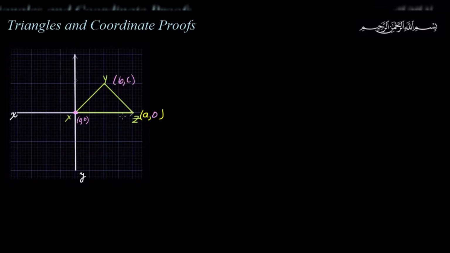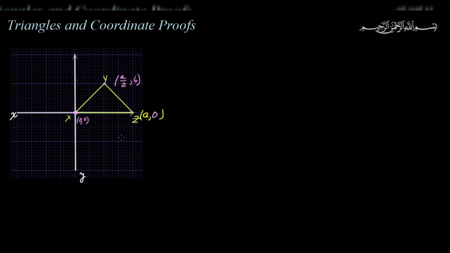If it happens to be a midpoint in the middle of this right here, then it would be half of A, wouldn't it? Because this point here is the midpoint between these two, it would be half of A and some value over here like that B. So you can place geometric figures, or in our particular case here, triangles, in the Cartesian plane and assign proper ordered pairs to each of the vertices, and we can use algebra.